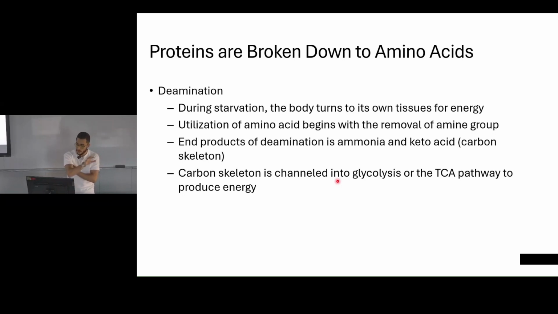The keto acid is very similar to acetyl-CoA. And because it is very similar to acetyl-CoA, it can be used to produce acetyl-CoA, which then enters the TCA pathway. Okay, make sense?